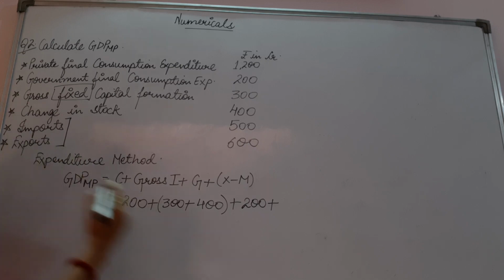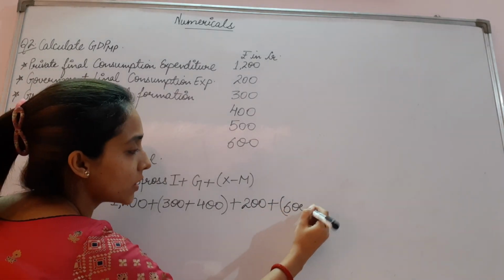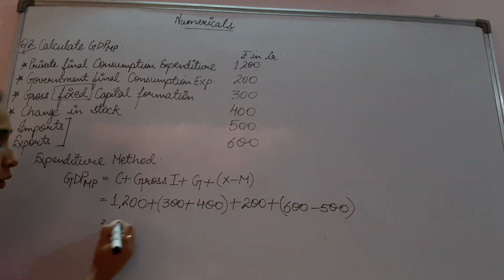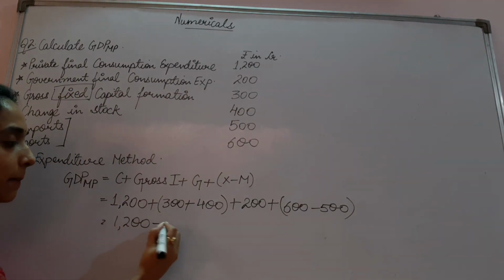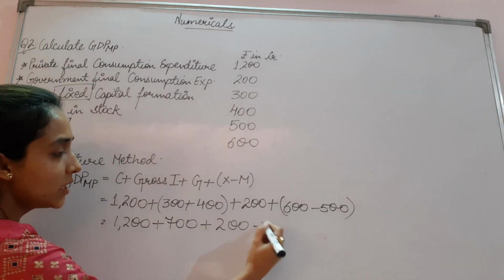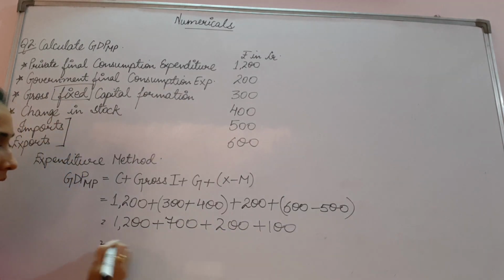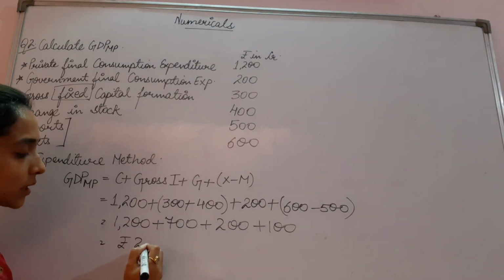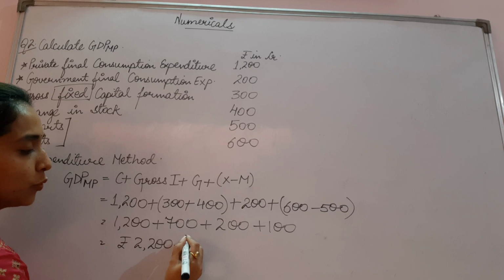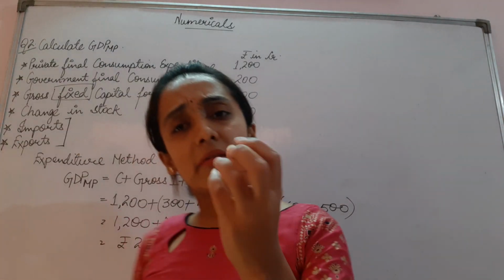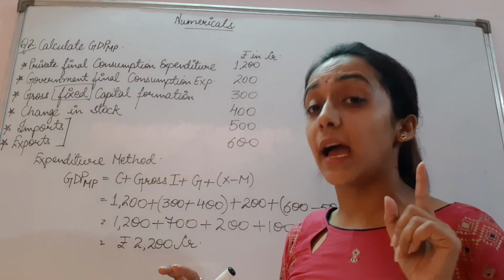It is export minus import, 600 minus 500. So 1200 plus 700 plus 200 plus 100. 19, 20, 21 and 22. Answer will be 2200 crores.